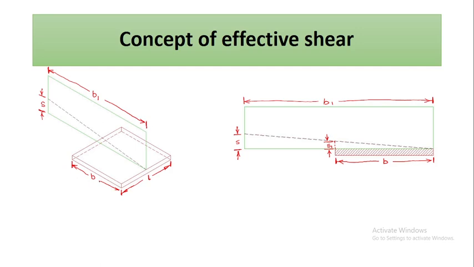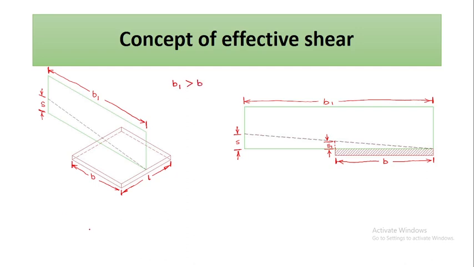Say this is the sheet and this is the width of the sheet, and this one is the punch. The width of the punch is much larger than the width of the sheet. So we can write that B1 is larger than B.